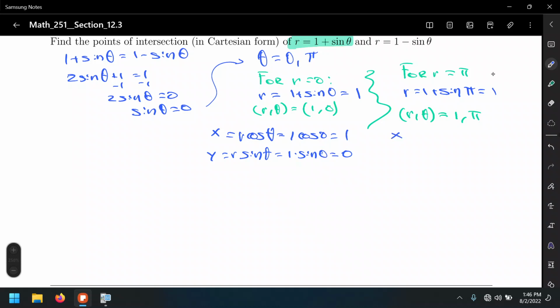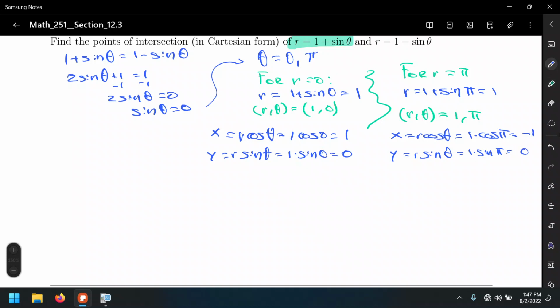And for the other point, x equals r cos theta, that's 1 times cosine pi, and y equals r sine theta, which is 1 times sine pi. And well, cosine of pi, be careful, I believe that's a -1, times 1, that's going to be -1, and sine pi, that's 0.